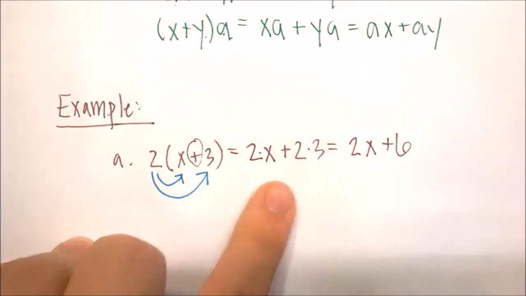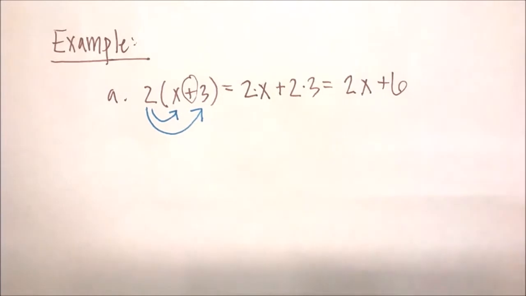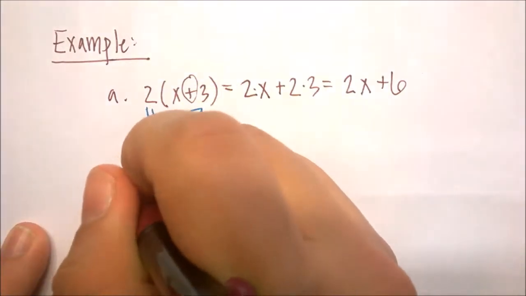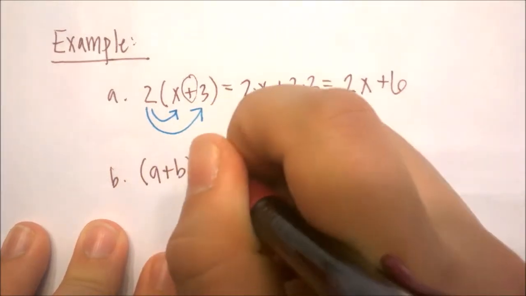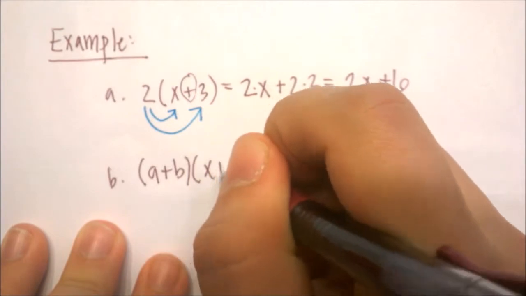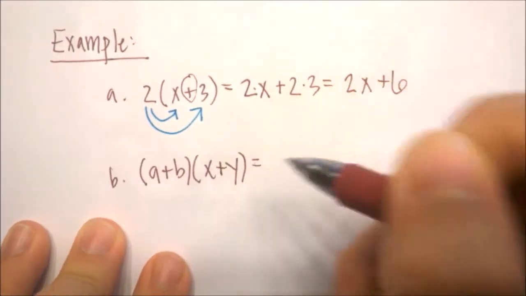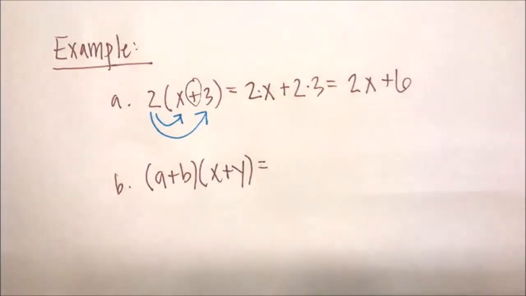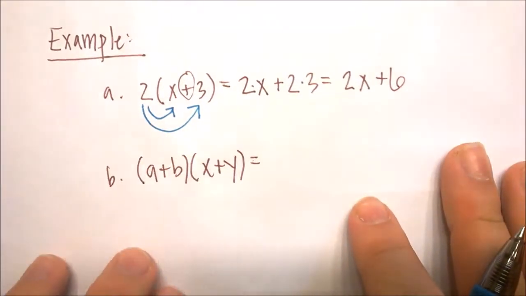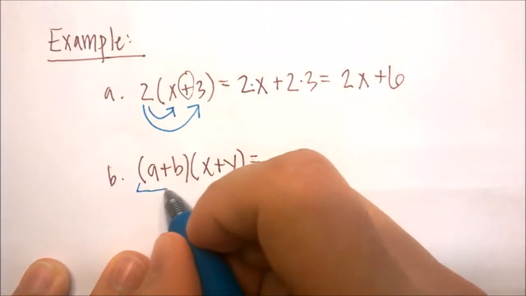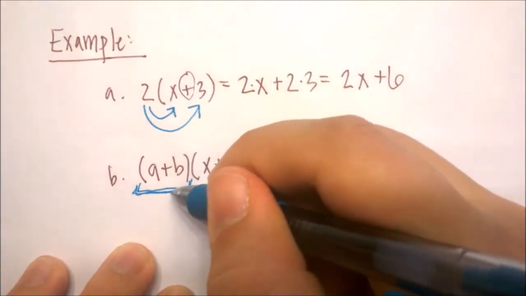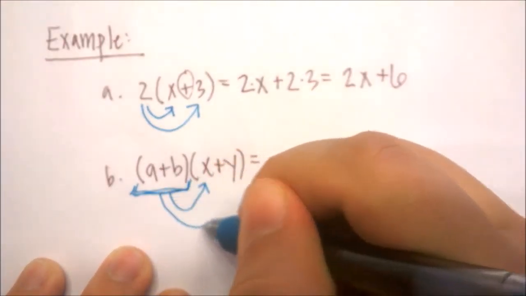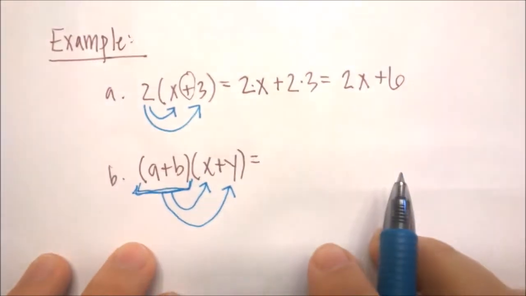Okay? So let's look at a little more complex of a problem. So now we're going to use the distributive property, but we're going to have two quantities multiplied together. So we're going to take, just like before with this 2, but now we have a quantity here, a plus b, and we're going to multiply that by the x and that by the y, just like we did with the 2.